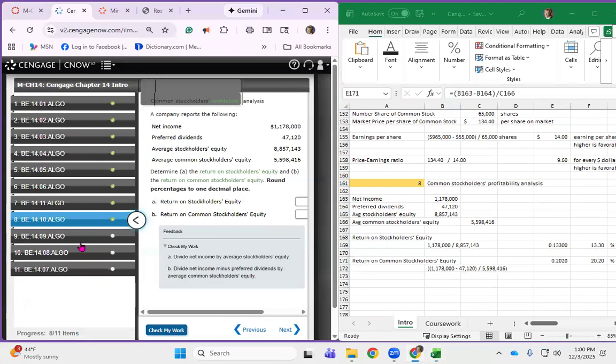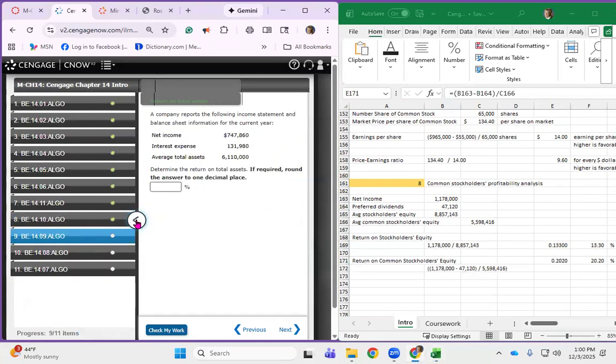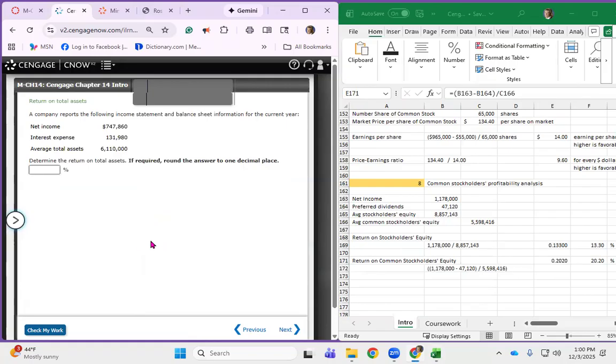Just a couple more and we'll be done. This is called return on total assets. Just like we did return up here, net income is going to be involved. Net income is involved in anything that says return. So this is number 9.